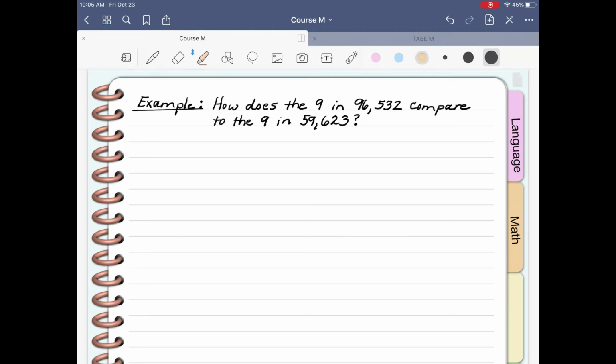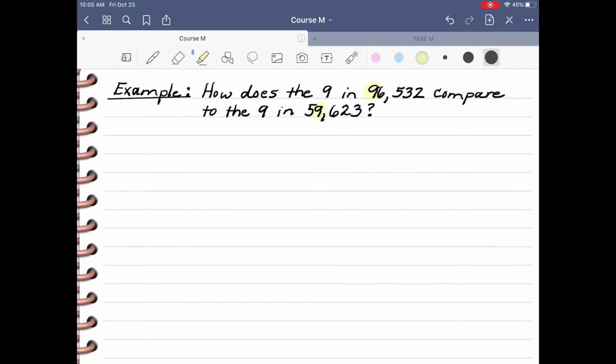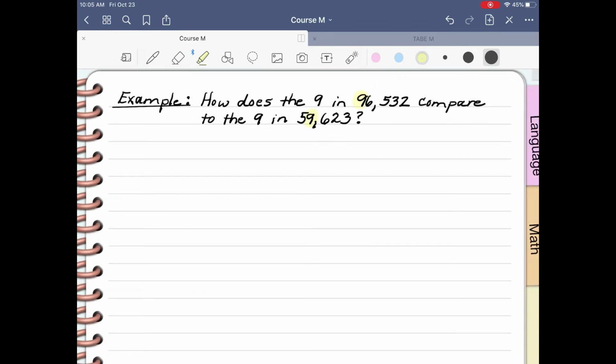So let me highlight the 9s so we can see really what we're looking at. We're comparing this 9 to this 9. So let's write these numbers down. We have 96,532, and the 9 in this number is in the 10,000s place.